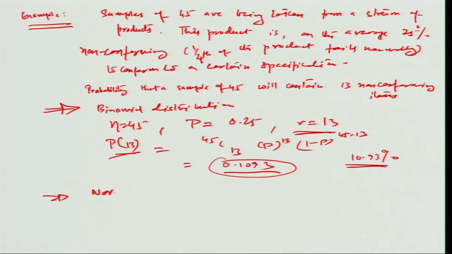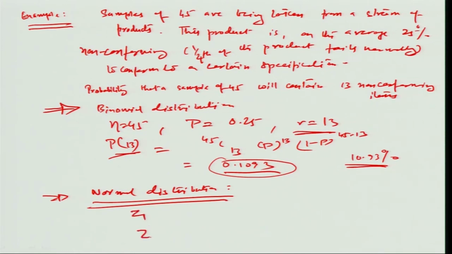While using the normal distribution, we will again use similar limits as talked about, by making a local continuity. So, we want to create two variates z1 and z2 here, where z1 is basically 13, that is the R value, minus NP.